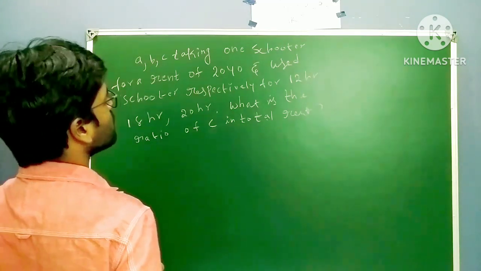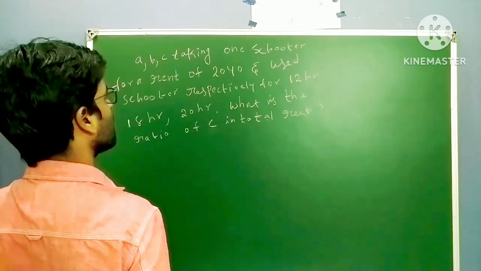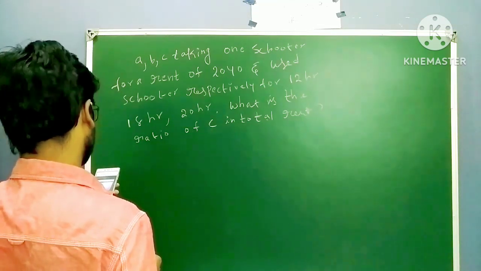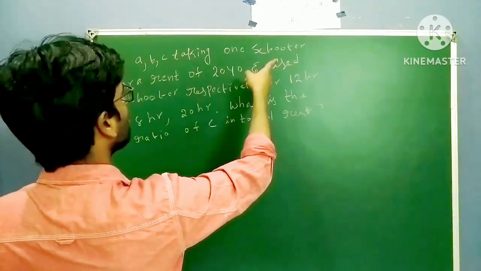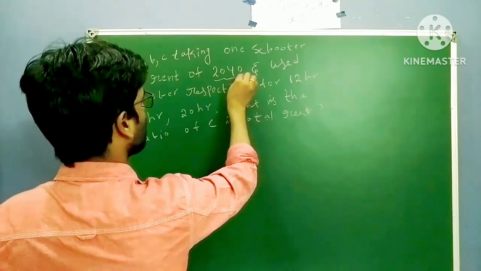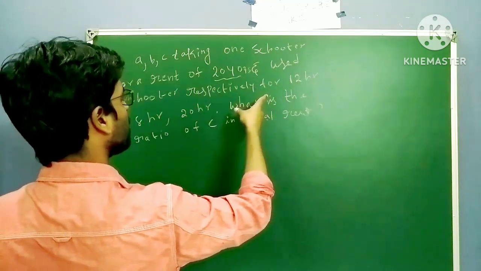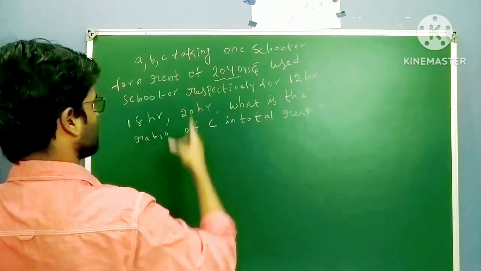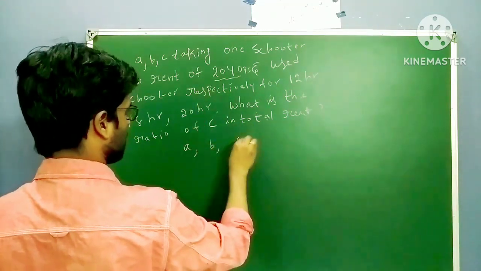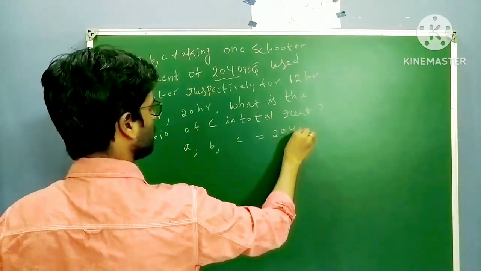Remember one thing here. You have the ratios. ABC are taking one scooter for a rent of 2040 rupees, and used the scooter respectively for 12 hours, 18 hours, 20 hours. So the total amount is 2040 rupees.